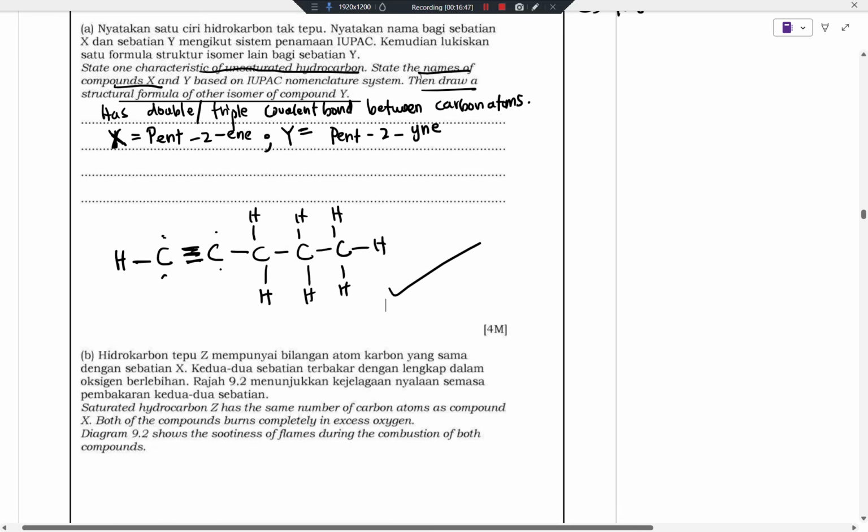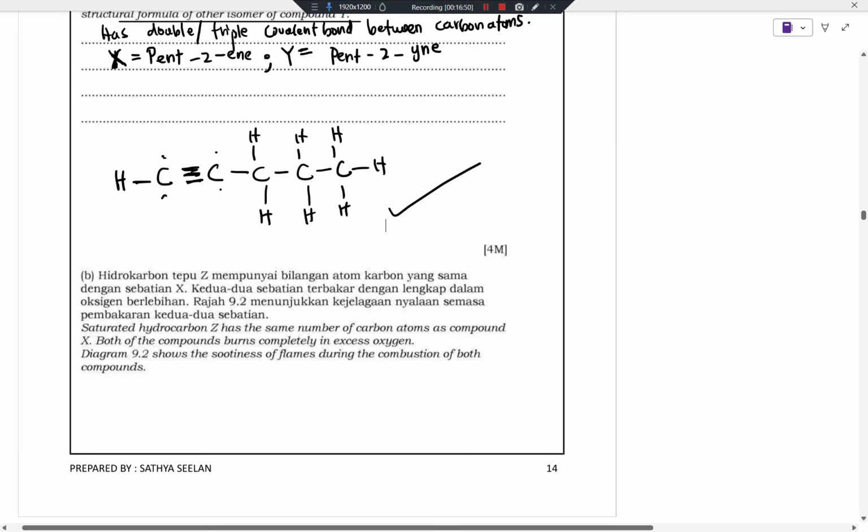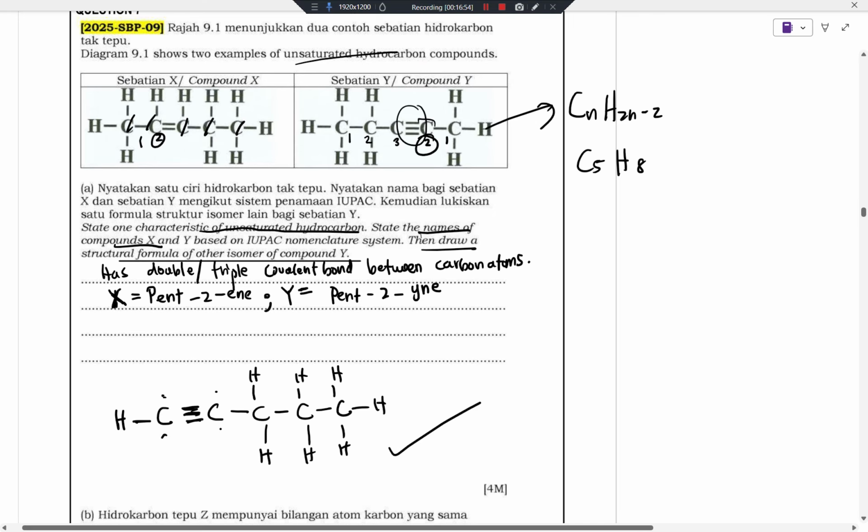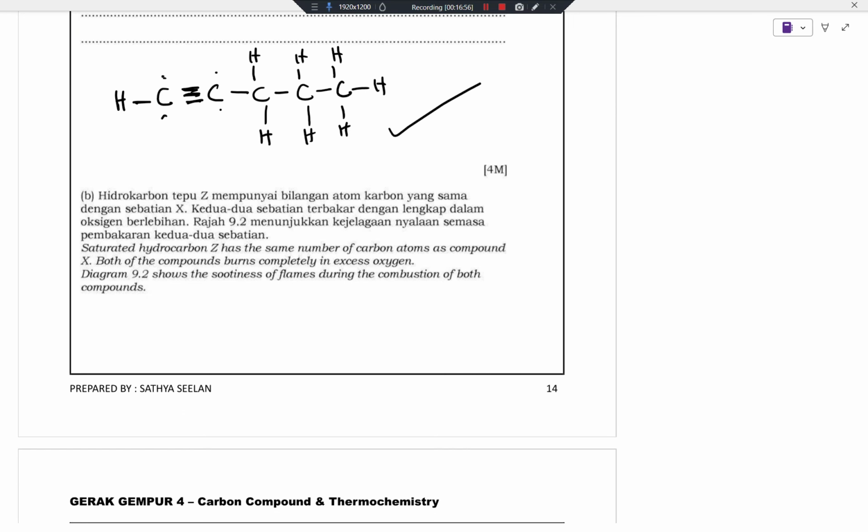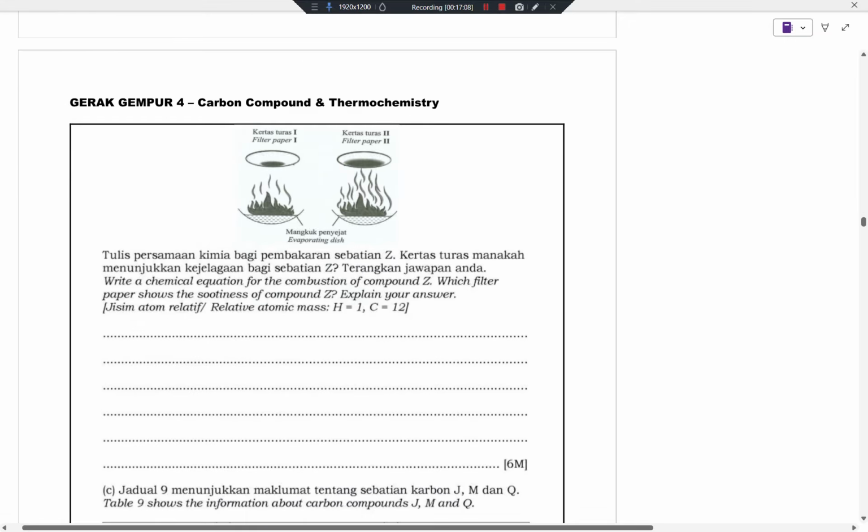No. Okay, right. Next. Saturated hydrocarbon Z, they have newly mentioned, has the same number of carbon atoms as compound X, that means 5 atoms. Both compounds burn completely in excess oxygen. Now they show sootiness. Sootiness questions are asked in many places. So this one is more sooty.